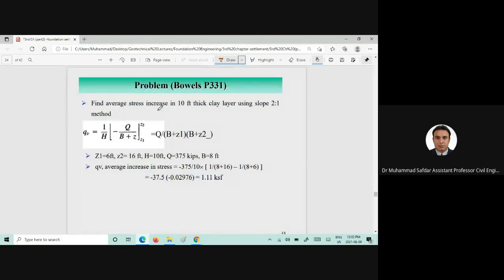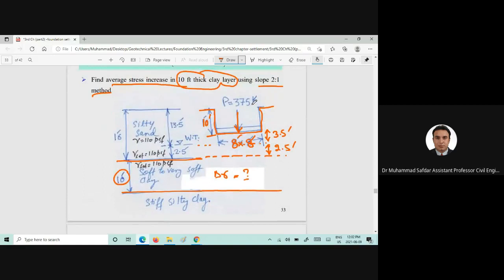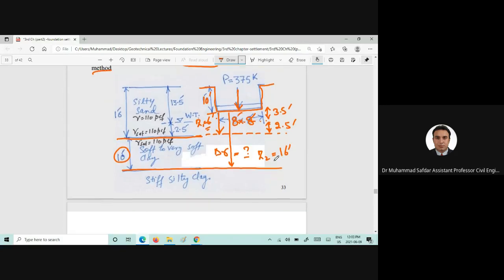So if we use this equation, Q divided by B plus Z1 and B plus Z2, what would be the value of Z1? You can take the value of Z1 from the base of the footing, which is, I guess, 6 feet, and then you can take Z2, which would be 16 feet.